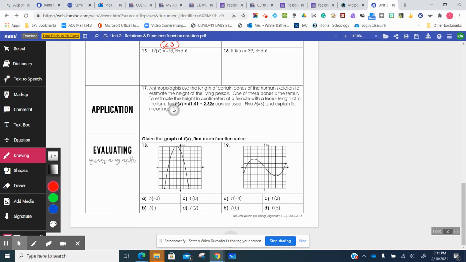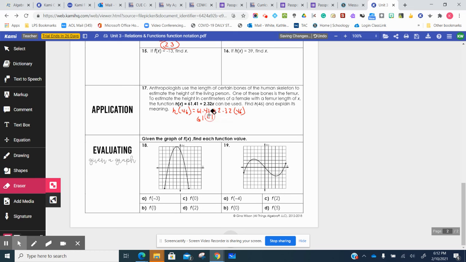We can put h of 46 equals, and I'll take my shortcut now, 61.41 plus 2.32 times 46. Geez, even I would have to use a calculator for this one, Mr. McHugh. So I have 61.41.